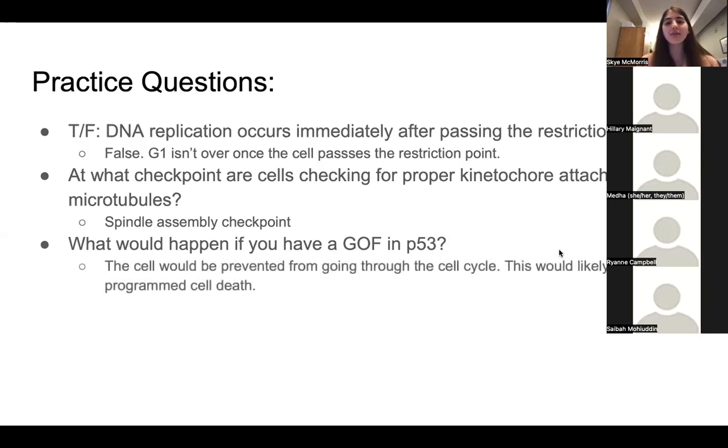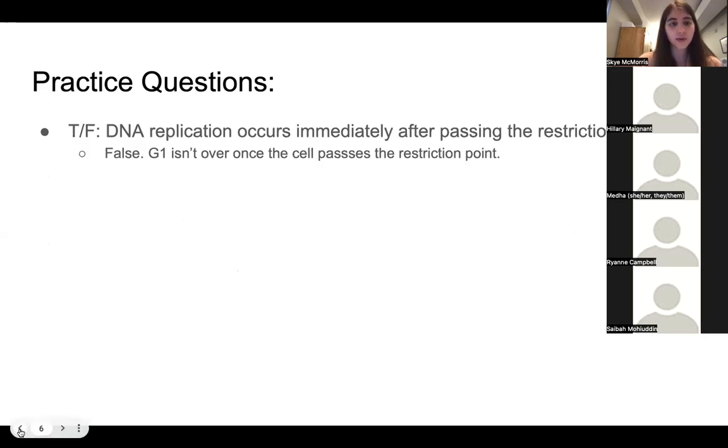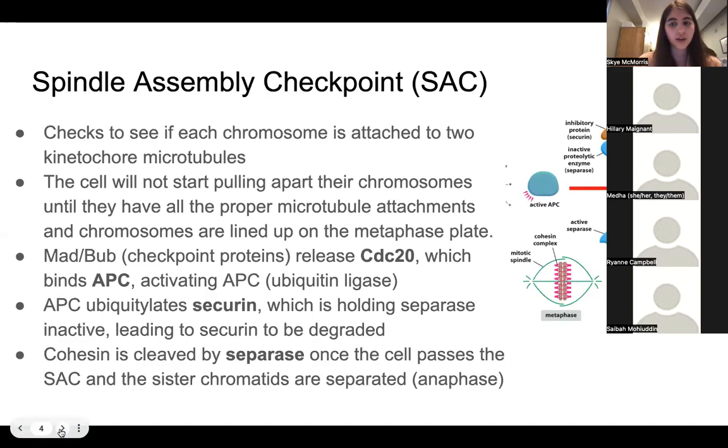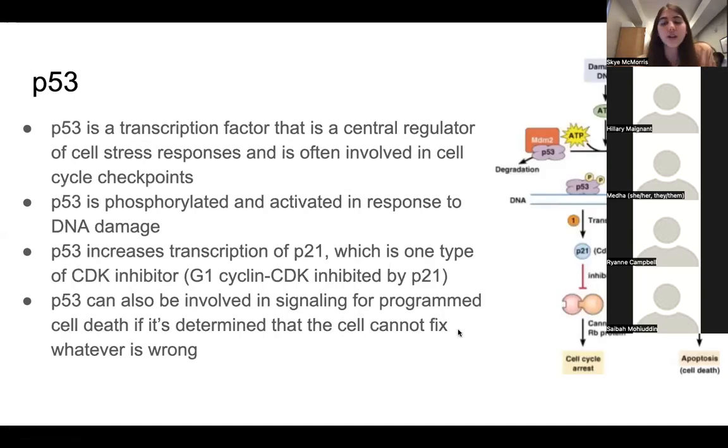So remember that P53 is a transcription factor that will activate... Go back to the slide. Okay, that picture is helpful. Let me go back. Oh, here we go. Okay, so P53 is a transcription factor that activates transcription of P21.